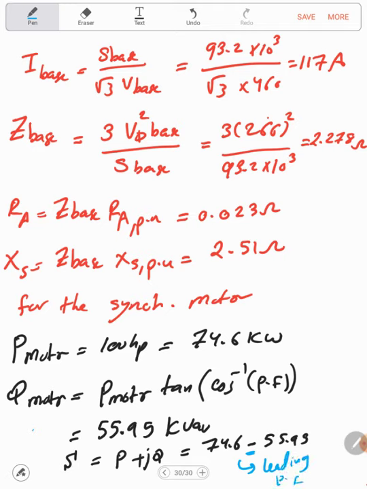So simply the machine is supplying reactive power.